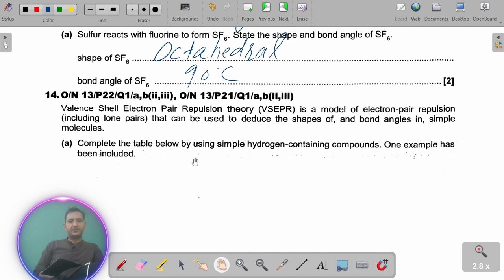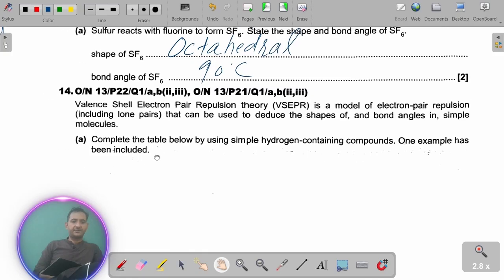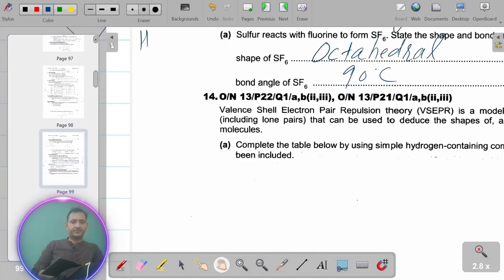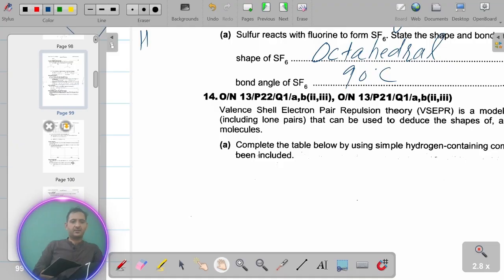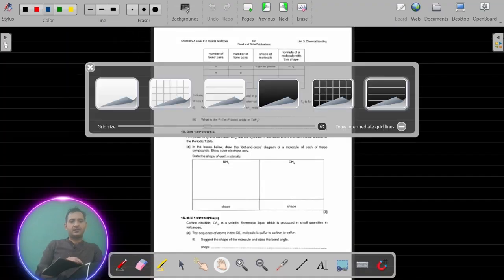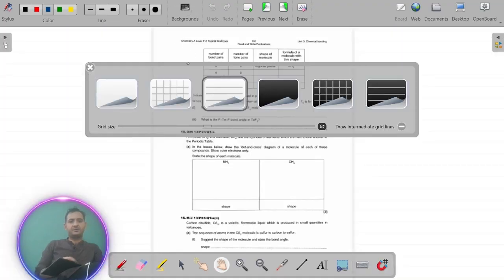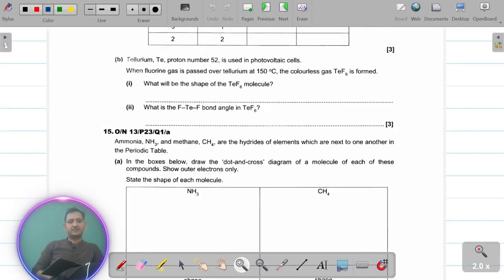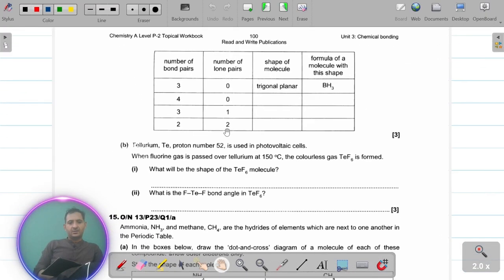Complete the table below by using simple hydrogen containing compounds. One example has been included. It is available on the next page, and the background should be white. So number of bond pairs, lone pairs of electrons, shape of molecule.